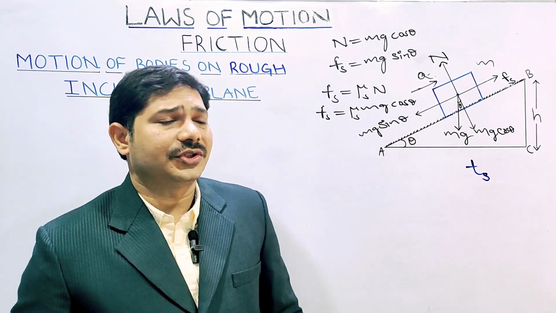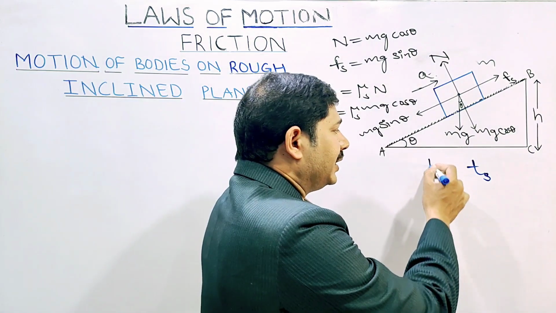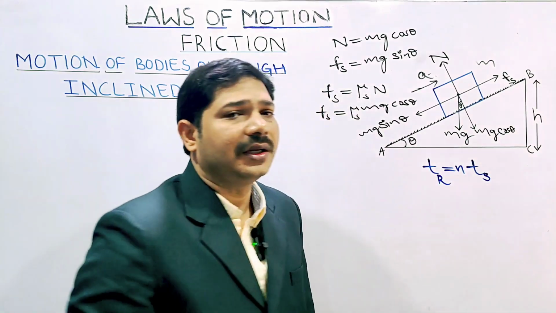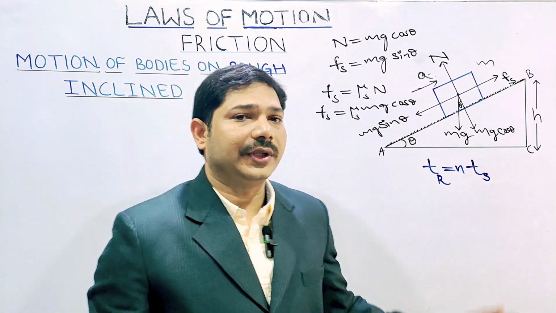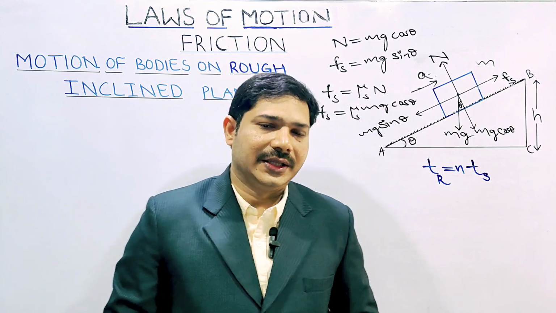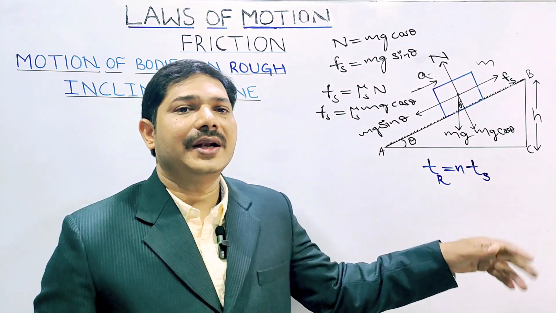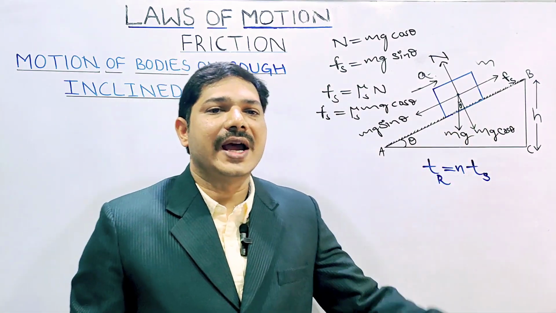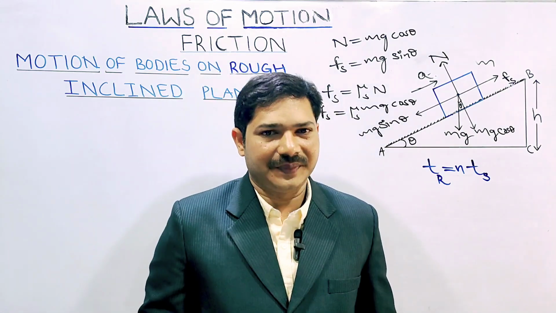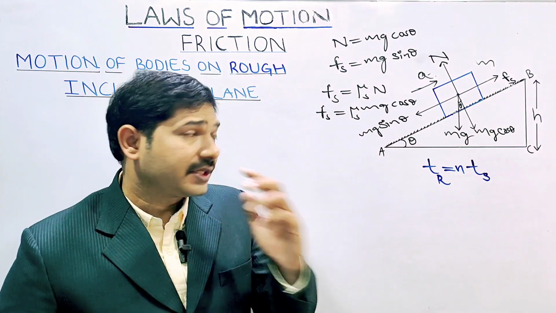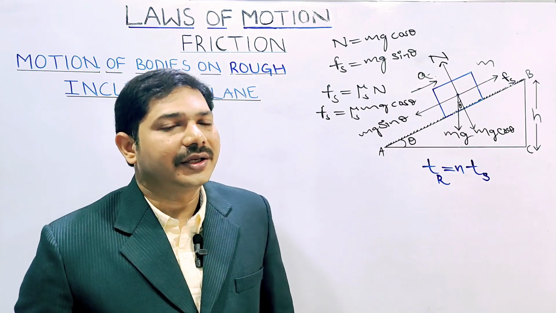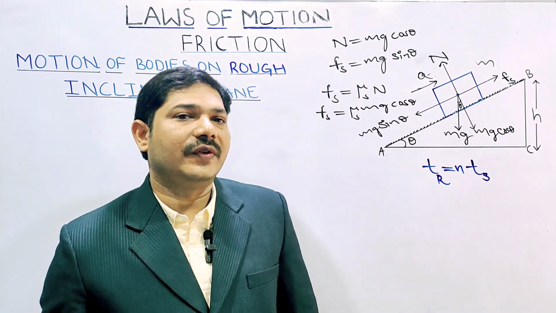Sometimes both time periods they'll give: the time on the rough inclined plane is n times that on the smooth inclined plane. Then find the coefficient of friction. The angle of inclination theta is the same for both cases, and the theta value they'll also give. They'll ask for the coefficient of friction.